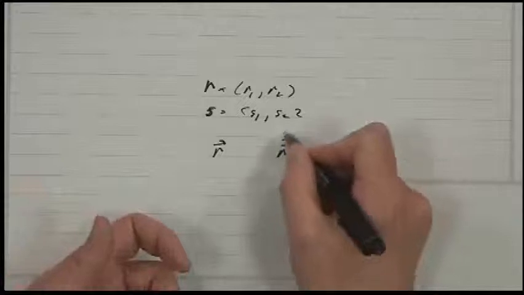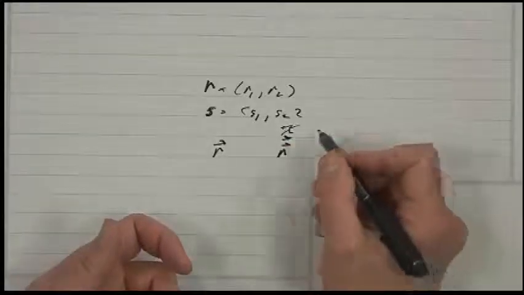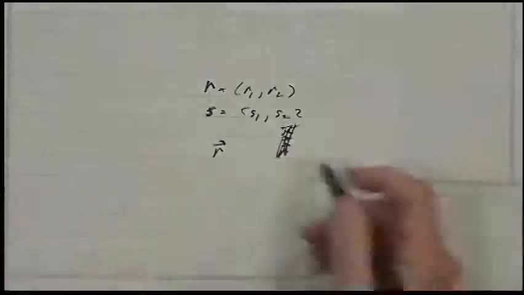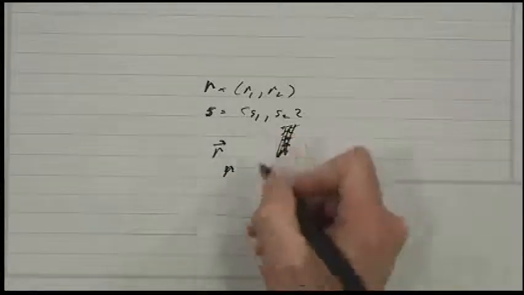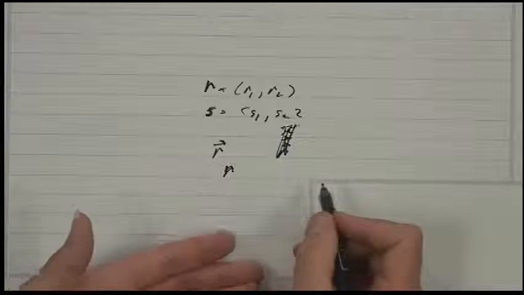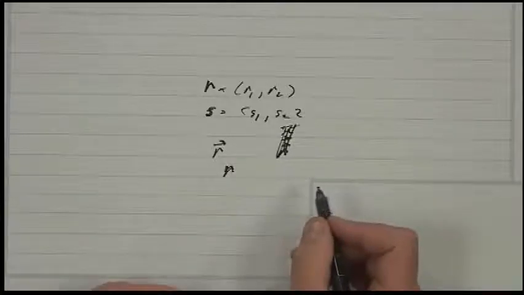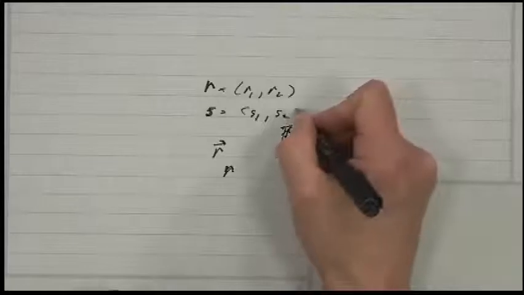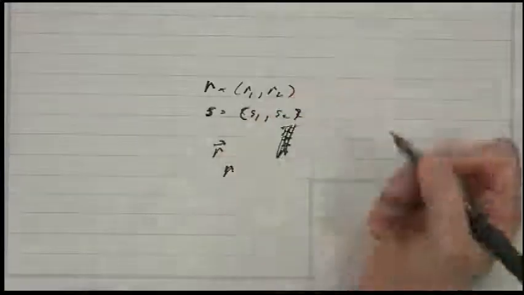You could put arrows and hats and tildes on top of everything, and it just gets out of control. So my feeling is that I define R to have some structure, and you just have to remember what it is. You can agree or disagree with it, but that's the notation I use.